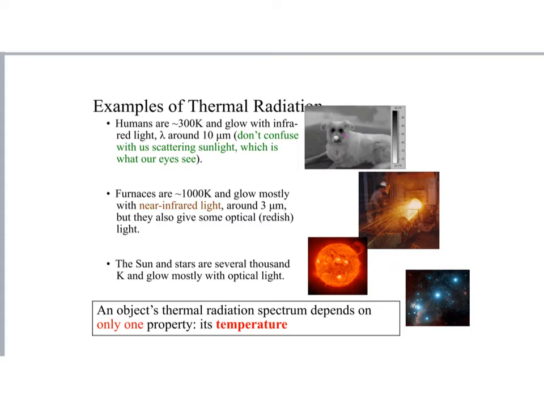All right, examples of heat radiation, these are examples of blackbodies. So for example, it could be you, a cat, a snake, right? Maybe different temperatures, but not that much different. We're around 300 Kelvin, okay?